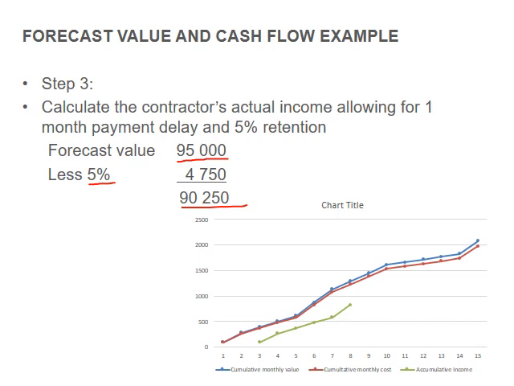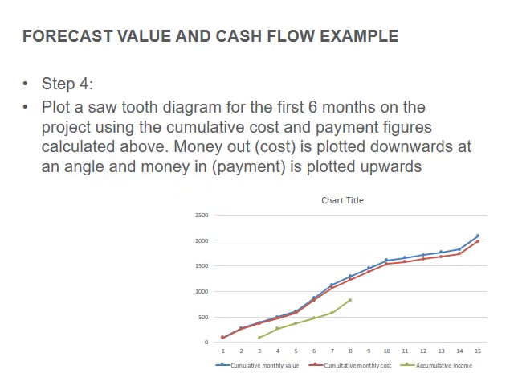So this is now for the income that we're calculating. We've got 90,000 as our actual income, which you put in at the end of the first month, and then you only receive your payment after the second month. So this is your cash flow inflow, and this is that 90,000 that's projected there. Okay, so that's more or less how it works.